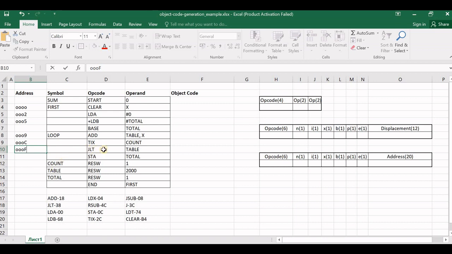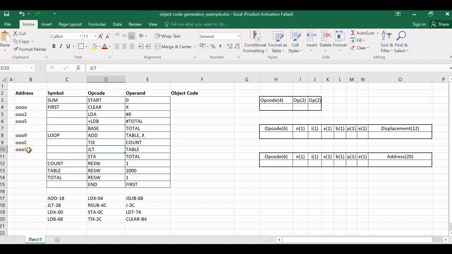Again, check which format this instruction is in. It is not in format 1, not in format 2, and not in format 4. So it must be in format 3. Format 3 instructions occupy 3 bytes of memory.